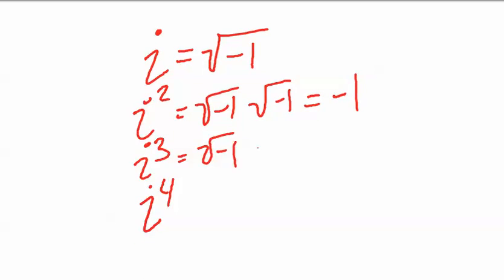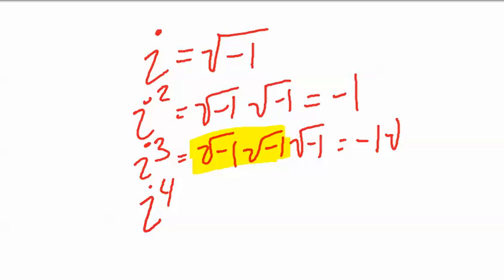Well, I would have 1, 2, 3. And we know that 2 of these equal -1, so it's really -1 times square root of -1, which I can change back to -i. So i cubed simplifies to -i.